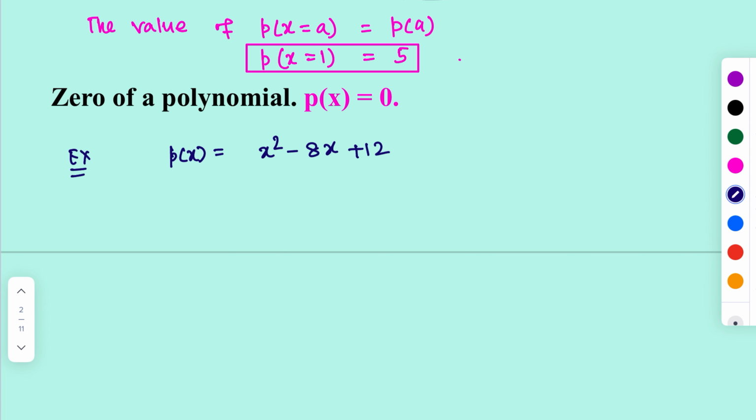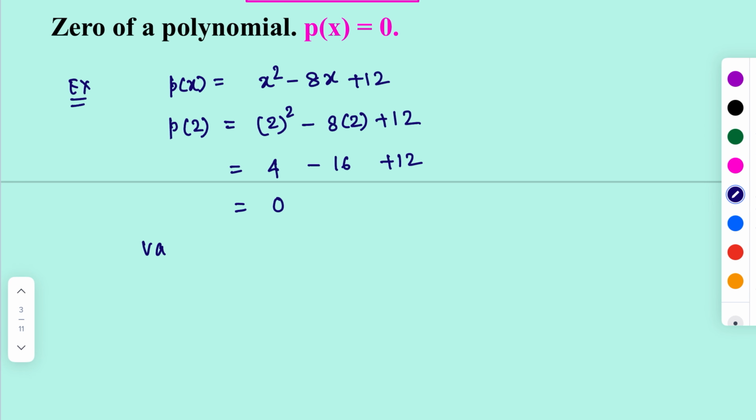For this example, if we put x is equal to 2, then p of 2 will be equal to 2 square minus 8 into 2 plus 12. So this will be equal to 4 minus 16 plus 12, which is equal to 0. So hence x is equal to 2 is a zero of the polynomial.